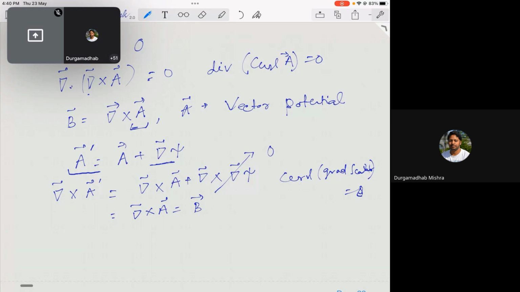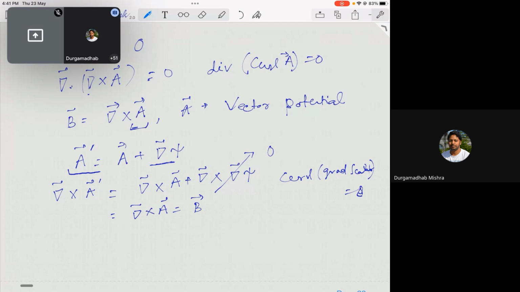Like in electrostatics, you have a real potential, which you can measure, or the potential difference you can measure, for example in a capacitor or using a voltmeter. So you can measure the potential difference in electrostatics, but you cannot do any measurement of vector potential. But it is a useful mathematical tool which helps in electrodynamics.